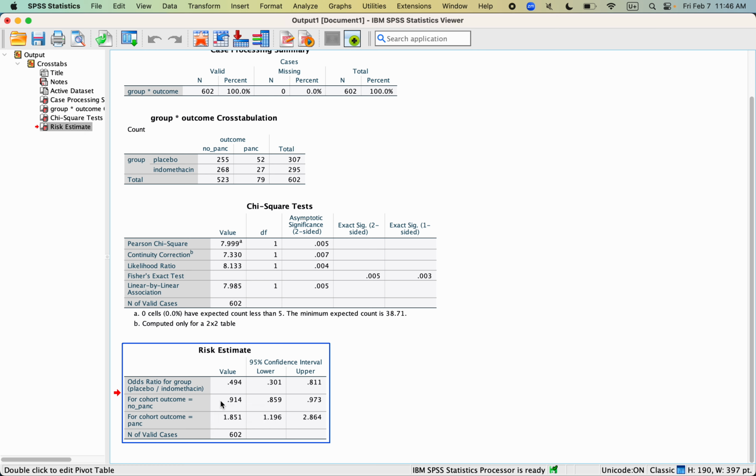And so this is telling us that the placebo group was only about, let's say, 91% likely to not have pancreatitis compared to the indomethacin group. So there was about a 9% reduction in not having pancreatitis. That's a bad thing. So we don't want the placebo, we want the indomethacin.